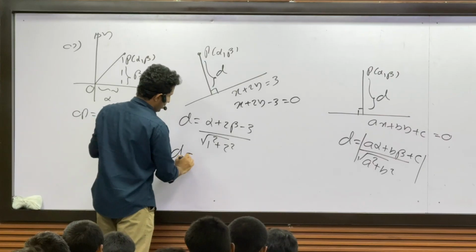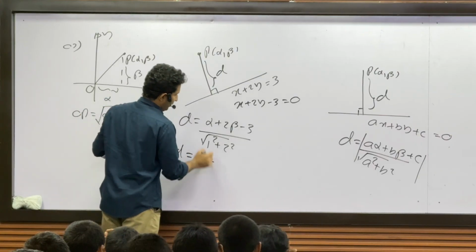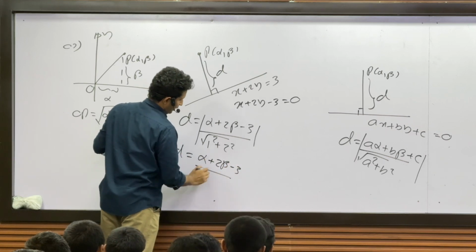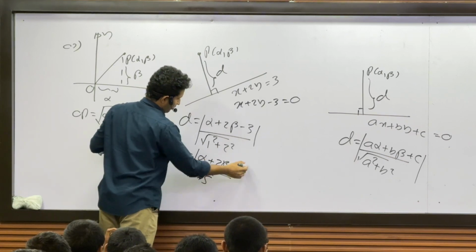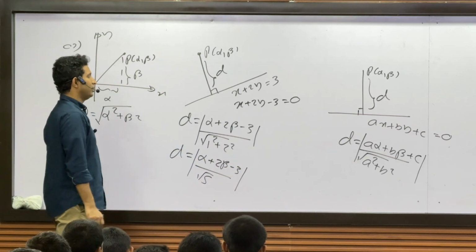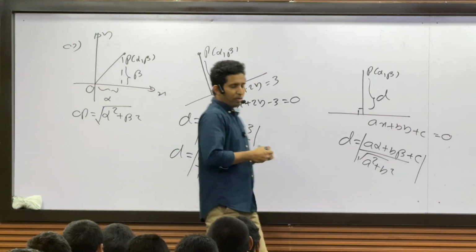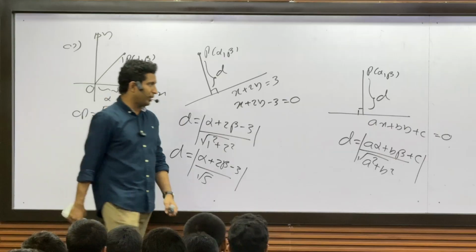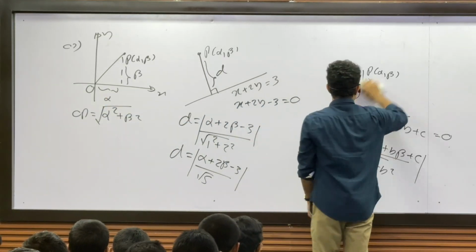Now here d equals alpha plus 2 beta minus 3 divided by root 5, modulus. This is d. Then they ask to find the locus of p.